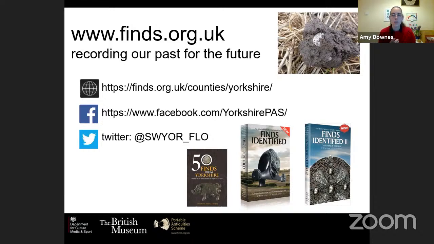But to try and come up with a wording for a criteria that covers what we don't know we're going to find, and covers something that's really important but not measurable, is difficult. That's why the law usually sticks to the composition of the metal or the age of the object, because they're things that at least in some way can be measured. But the relative significance of things is much more difficult, and that's what we're wrestling with at the moment.